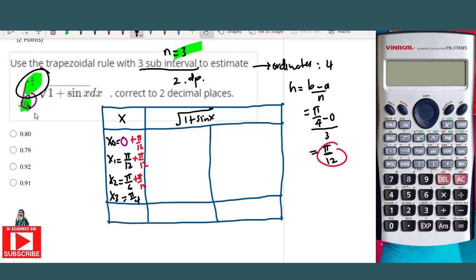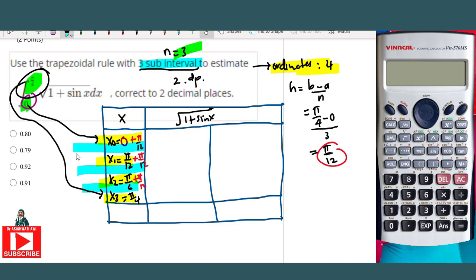Starting with the 0, this is a and that is b. So this part is ordinates 1, 2, 3, 4. Then here are the sub-intervals, 1, 2, 3, 3 trapeziums, 3 sub-intervals.